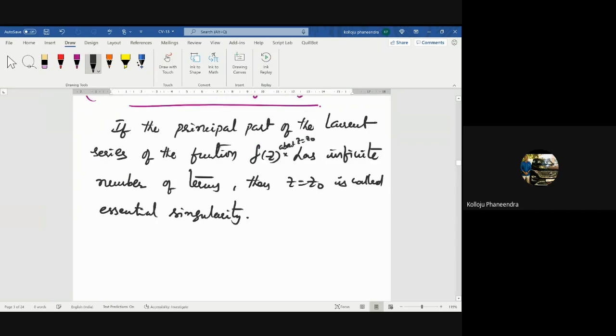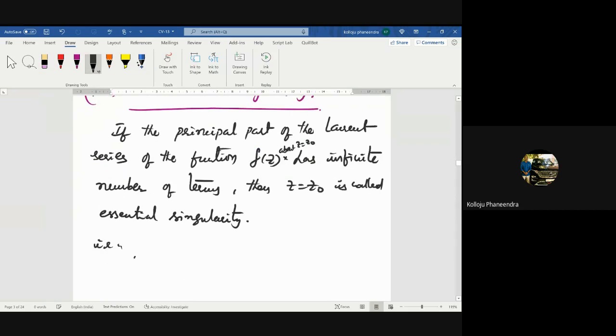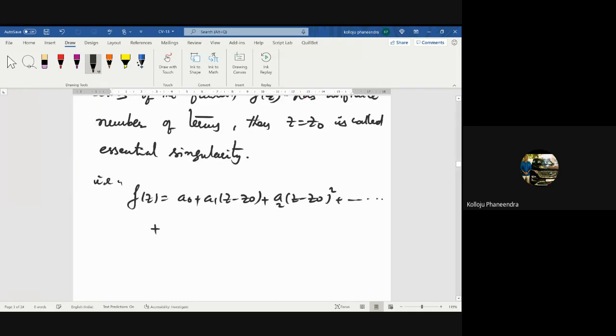Means what? That is, f of z equals, see, positive powers may be there or may not be there, doesn't matter. But for removable singularity, positive powers must be there. How many negative powers? Infinitely many negative powers.